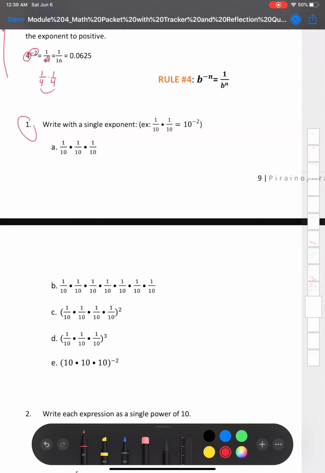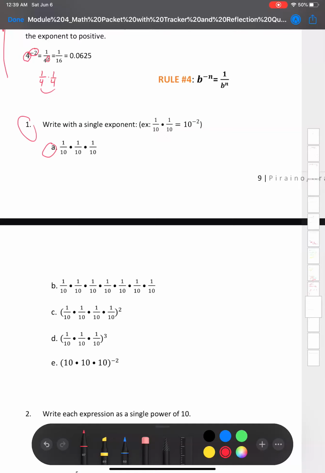Number 1 says write with single exponent. For example, 1 divided by 10 times 1 divided by 10 is equal to 10 to the negative second power. So they're asking you to kind of go in reverse. So you start out with, let's look at these guys right here: 1 divided by 10 times 1 divided by 10 times 1 divided by 10.